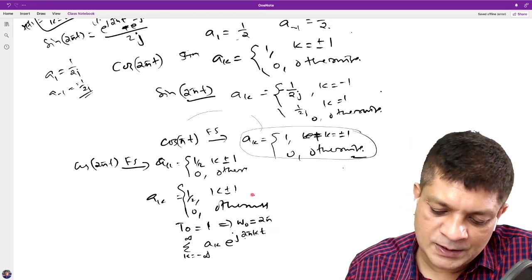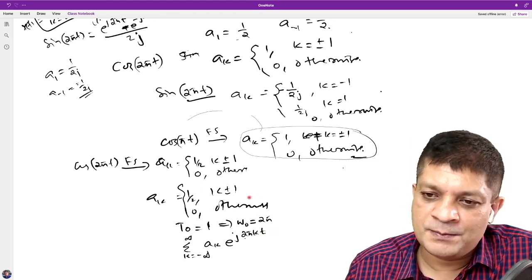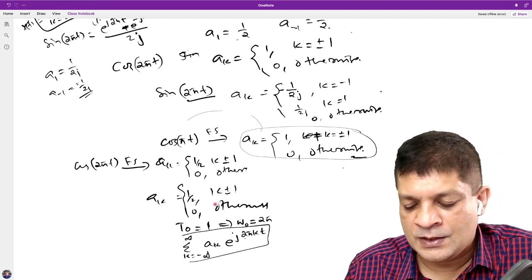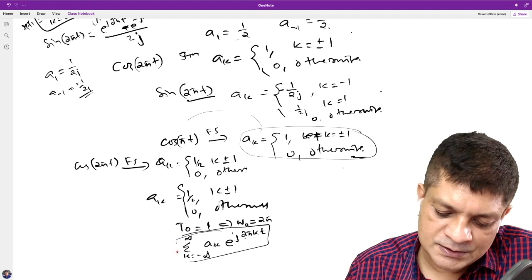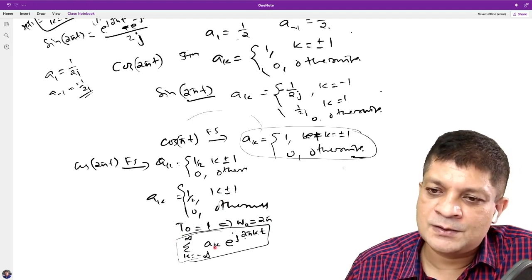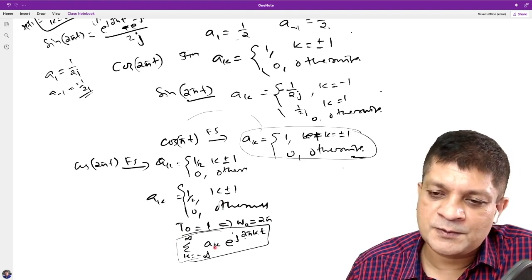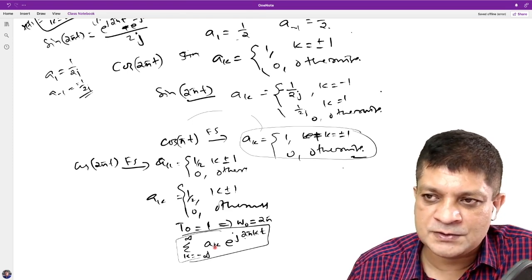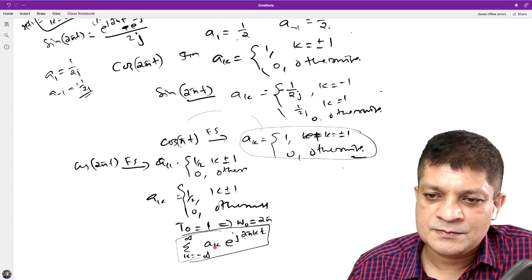If we know the Fourier series and the fundamental period, then we can find the signal. If we know the Fourier series coefficients, can we get back that signal from these coefficients? Can you compute that signal from the Fourier series coefficients? Is it possible? Yes, sir.